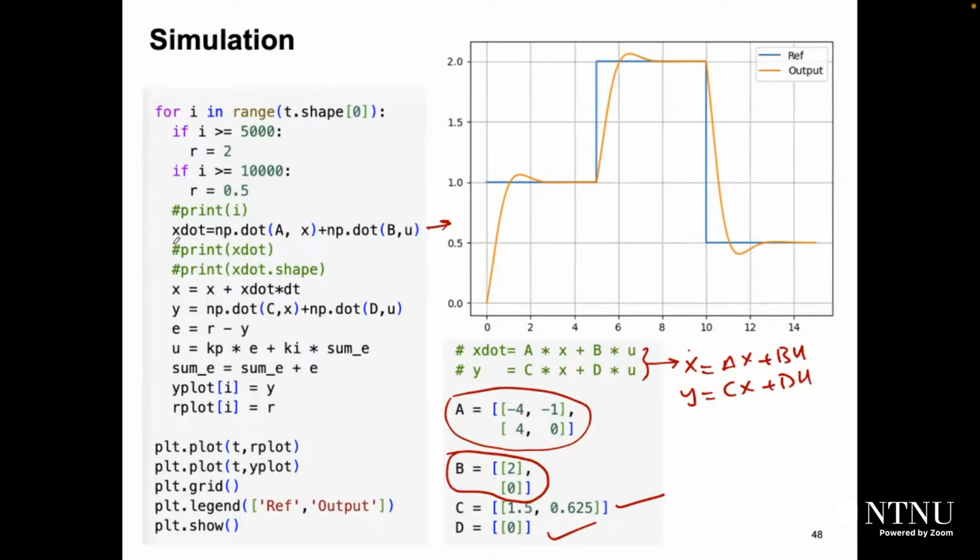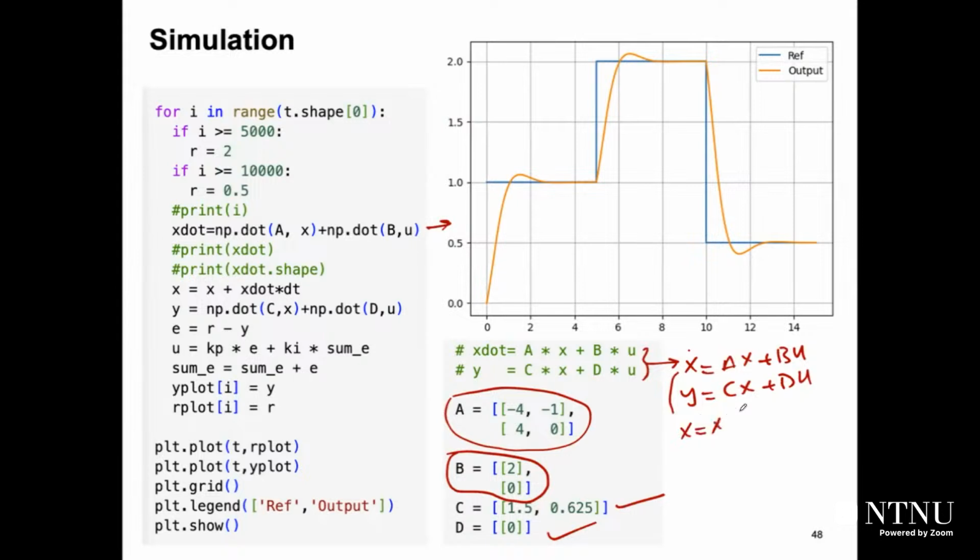I'm just writing it here in Python. So x dot will be the dot product of A and x plus B times u. Once you have calculated x dot, you need to integrate x dot to get x, because this is x dot, not x. X dot means its rate of change. It is a first derivative. So first I need to get x dot, and from x dot you need to get x.